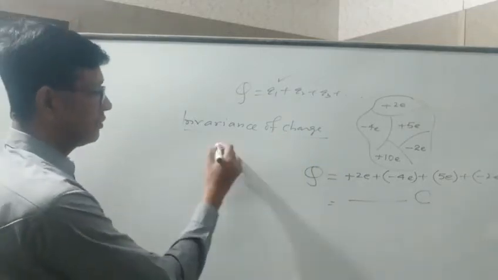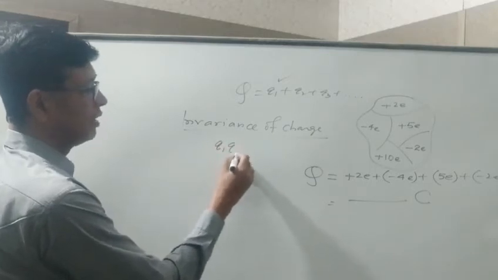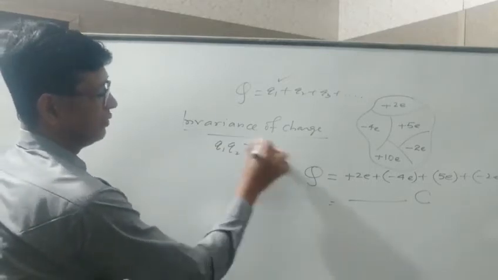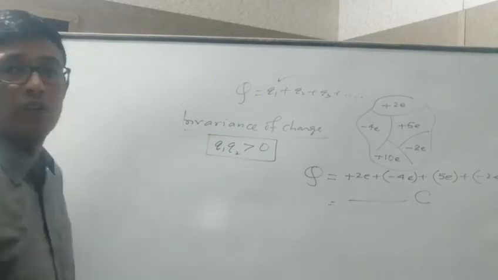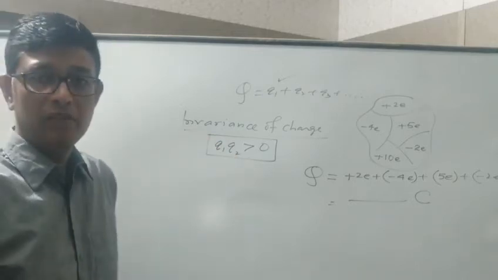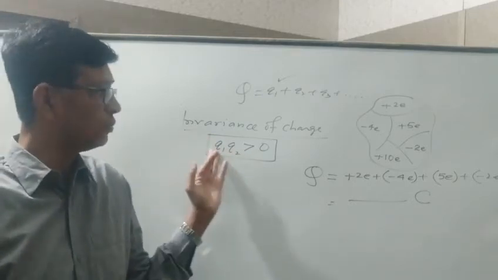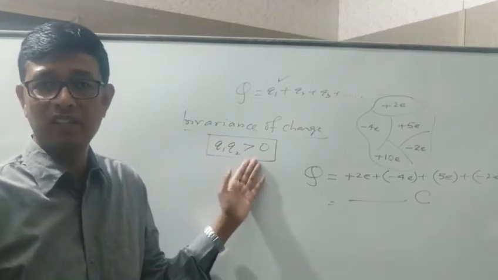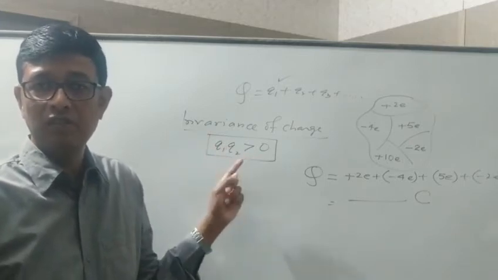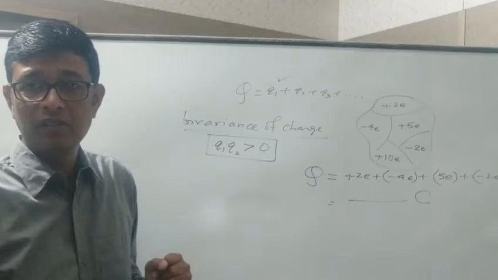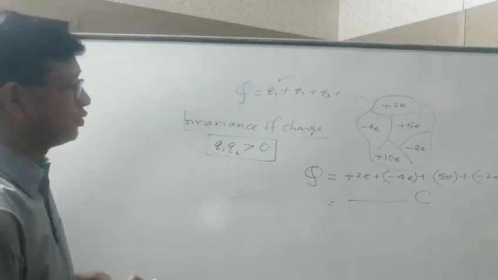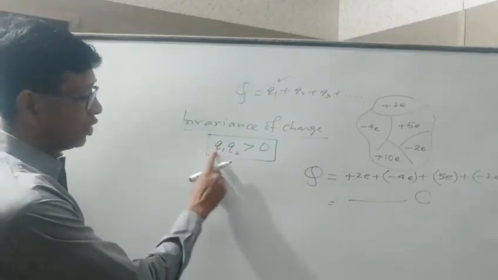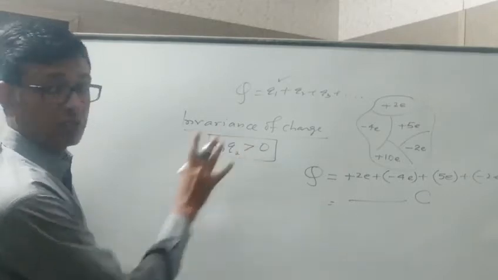Suppose a system comprises 2 charges where Q1 Q2 is greater than 0. Can we predict the nature of the force existing between these 2 charges, whether it is attractive or repulsive? We can easily predict. Use your mathematical aptitude. Product of these 2 charges, Q1 and Q2, is positive, greater than 0.